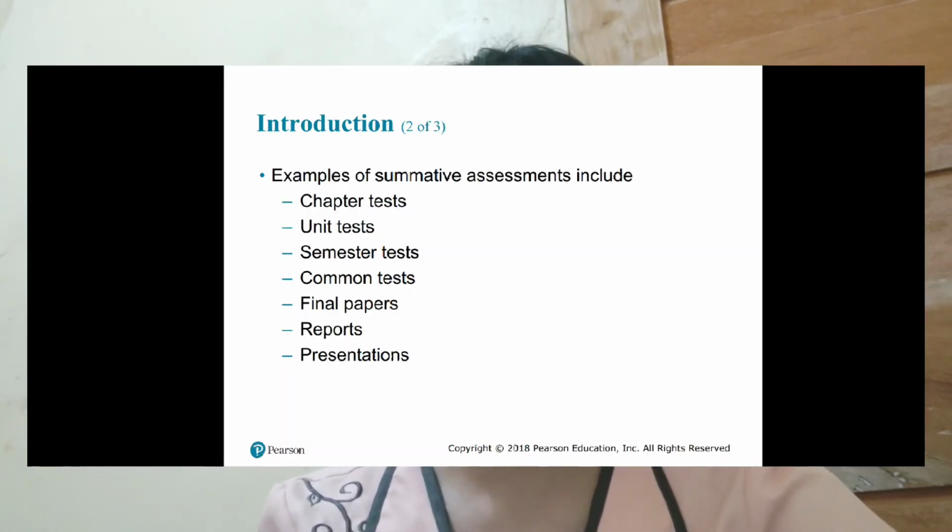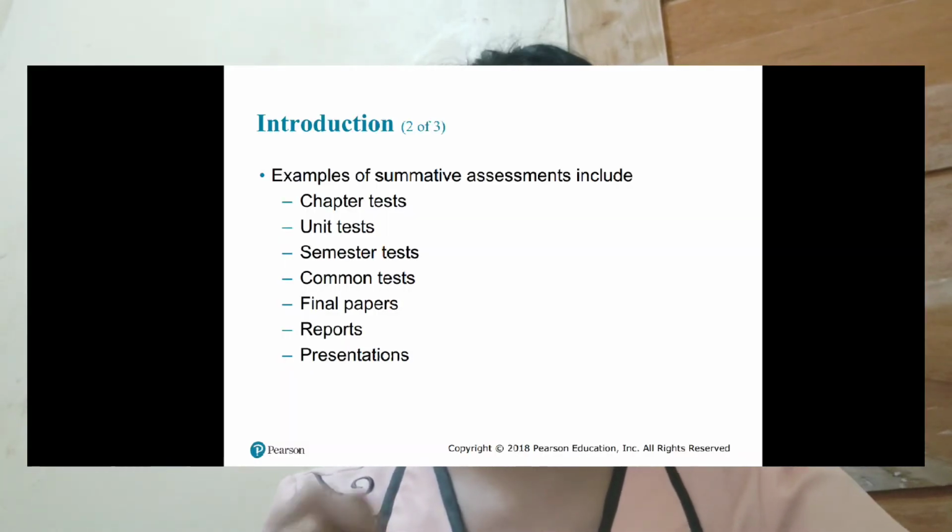We have been experiencing these examples such as the common tests, the final papers, reports, the presentations, of course, since we are already in college. We have been experiencing this since high school, I guess, or even in elementary, common tests and final papers.